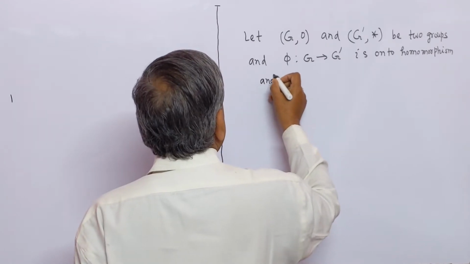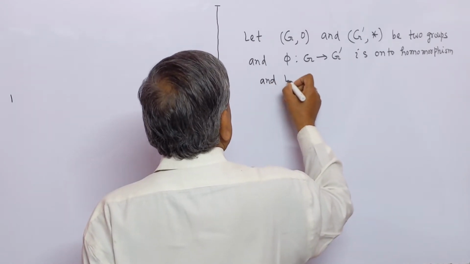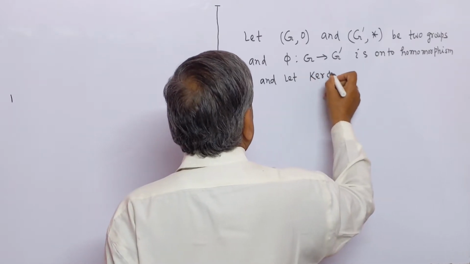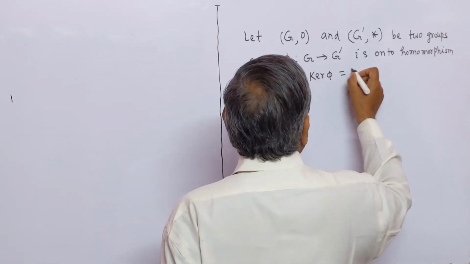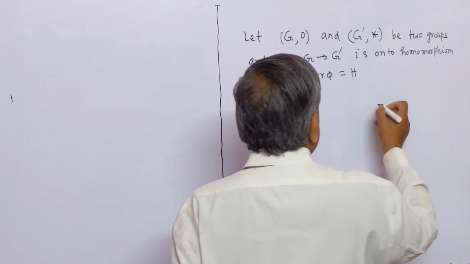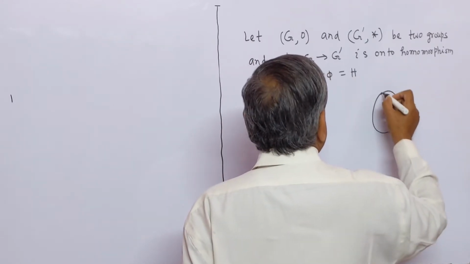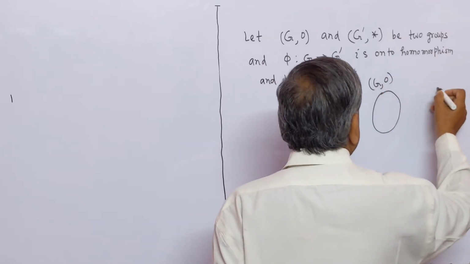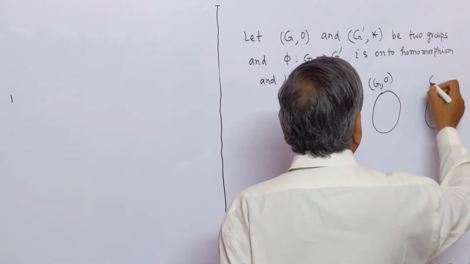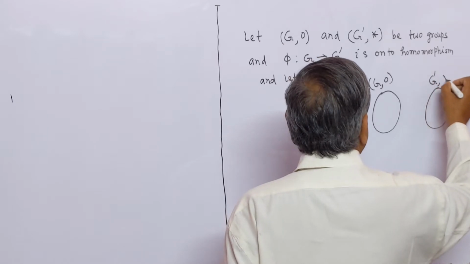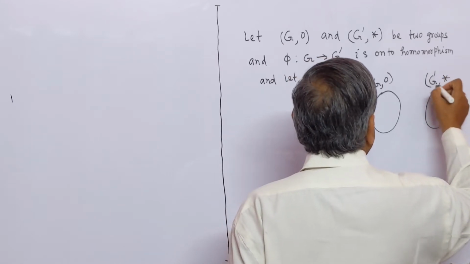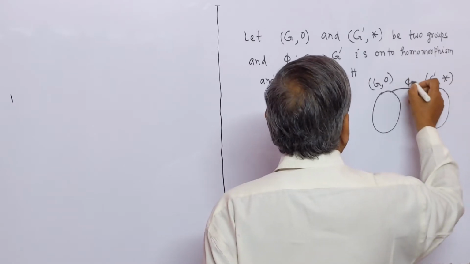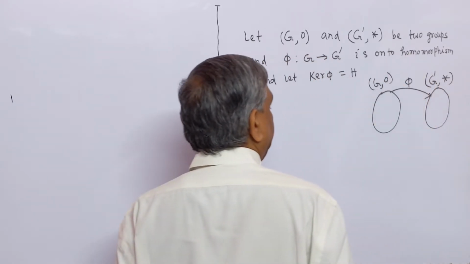Let kernel of phi equal H. Here G is a group with given binary operation, and G prime is another group with another binary operation, and phi is an onto homomorphism.